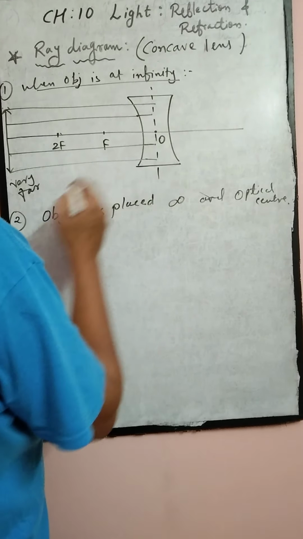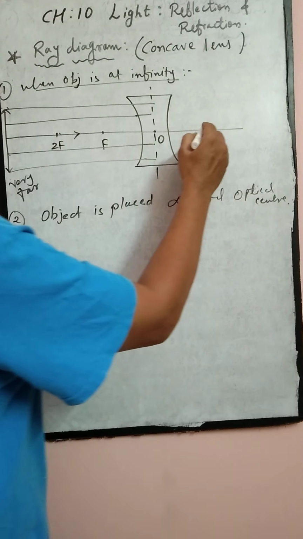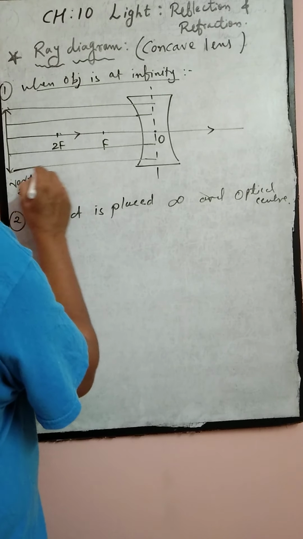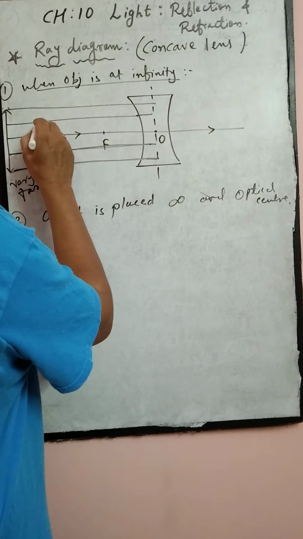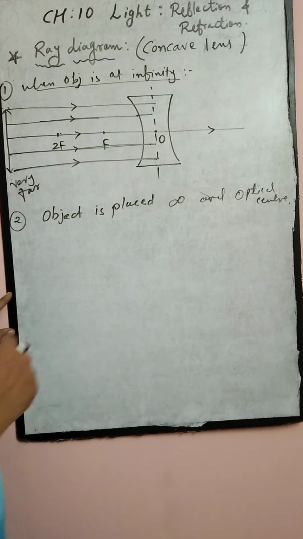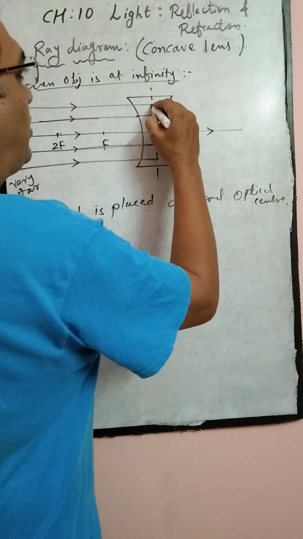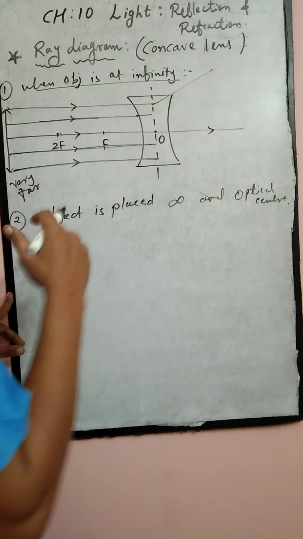We know that when a ray is incident in the direction of the principal axis, it will emerge without any deviation. But these four rays which are incident parallel to the principal axis will diverge. These are the incident rays. Now they will diverge, but in what manner? They will not diverge in any direction.